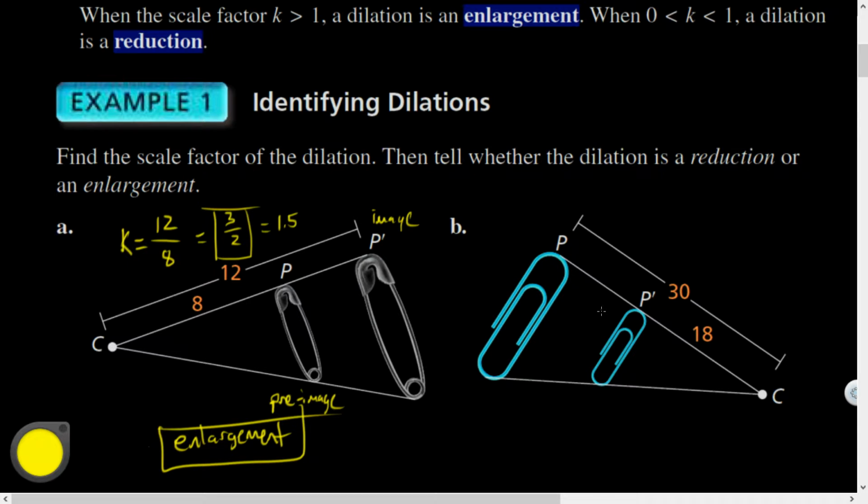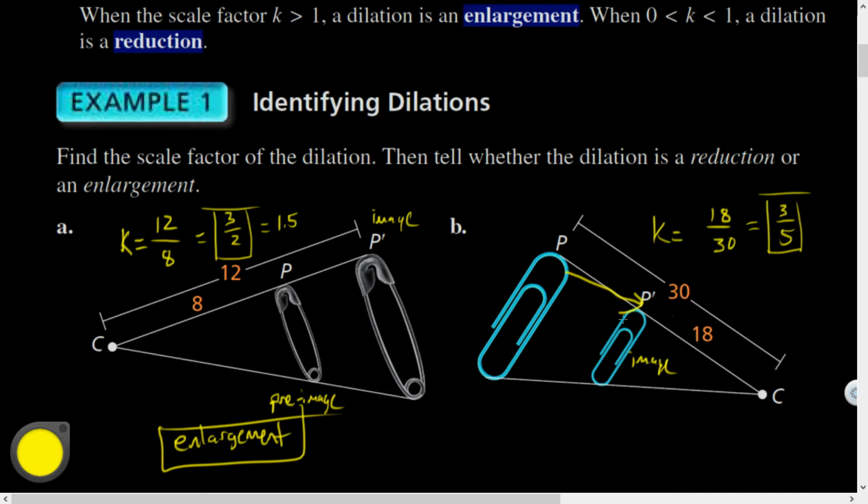All right, over here, this looks pretty similar, but notice that this time this is the image. So the scale factor k is going to equal 18 to 30. And it makes sense. If it got smaller, that means the smaller number will have to be in the numerator, the larger one in the denominator. And what goes into both of those? Is it just 2? 6. Thank you. So 3/5 is the scale factor.